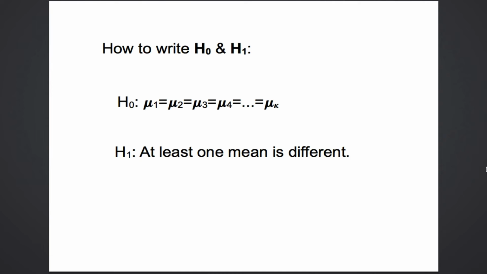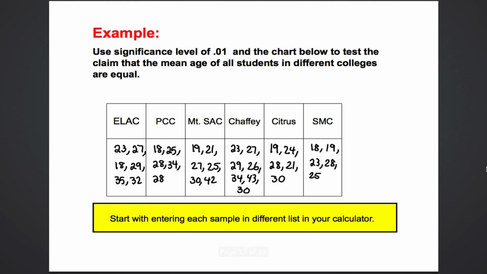Let's look at an example. We want to use alpha equal to 0.01 and the chart below to test the claim that the mean age of all the students in different colleges is equal. These numbers are randomly selected. We have East LA College, PCC, Mount Sac, Chaffey, Citrus, and Santa Monica College.